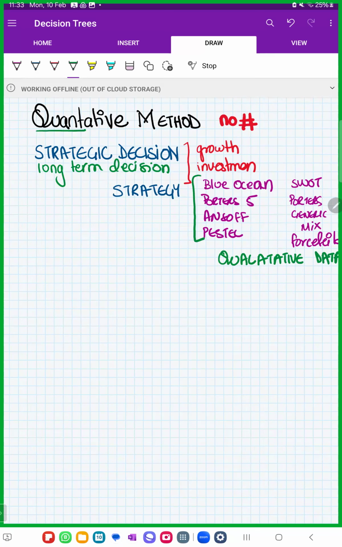So they look at the numbers and the theoretical part to make decisions. They look at the options that we have and ask how much money will we make from this?